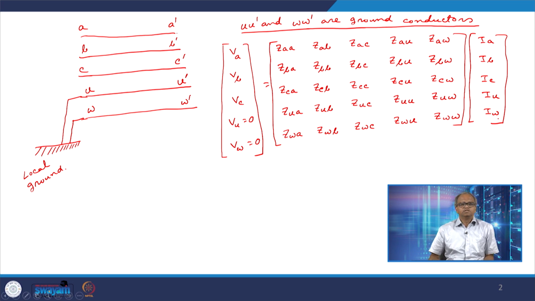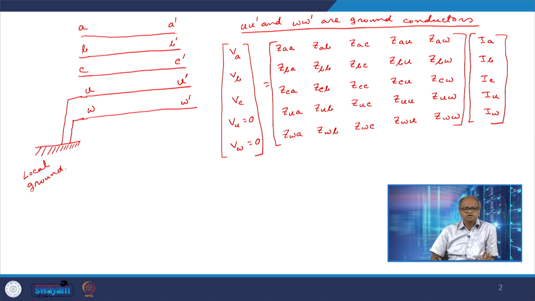Again, please note that these are not primitive impedances. To arrive at this, we first have to start with the primitive impedances, also simultaneously considering the D dash conductor, and then utilize the condition that ID is equal to minus the sum of IA, IB, IC, IU and IW. Then we substitute that, eliminate the equation for VD, and then we get this.